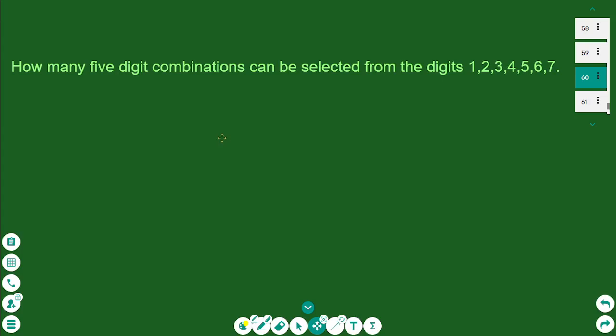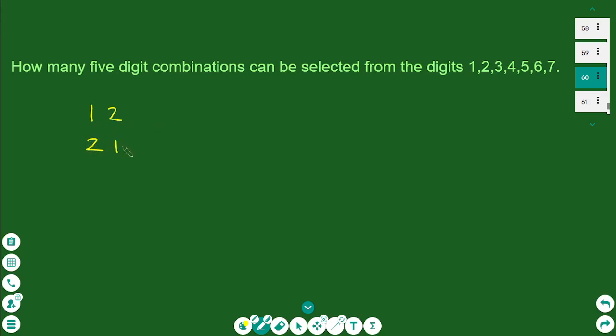How many 5-digit combinations can be selected from the digits 1, 2, 3, 4, 5, 6, 7? Combinations: the order does not matter. For example, let's take 2 digits. 1, 2 is the same as 2, 1.